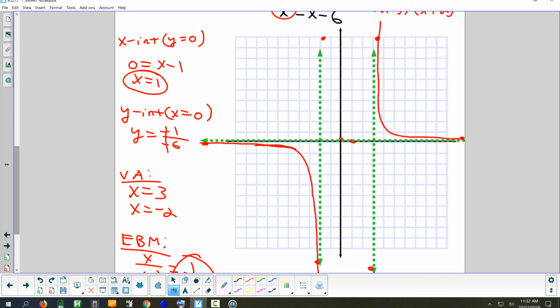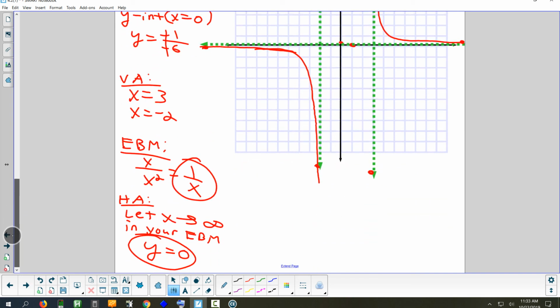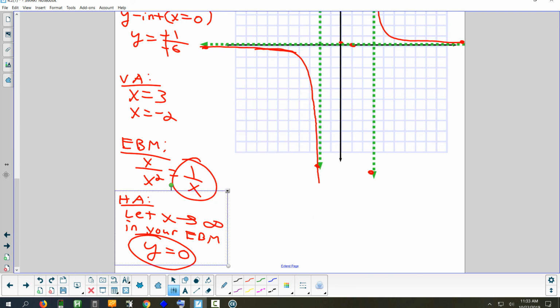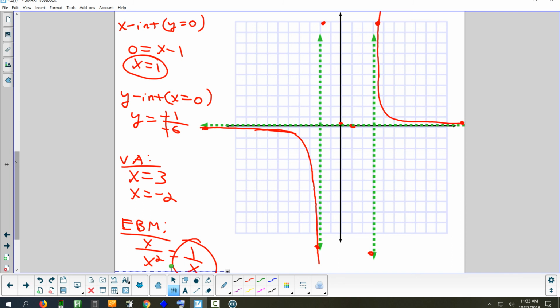Now we just have to figure out what's happening in the middle, but I've got 4 dots, and we're just going to connect them with a curve. Yep. Why is it able to cross the x-axis in the middle but not the ends? Because remember, horizontal asymptote is all about what's happening as x gets huge. So you're looking at what's happening very far away. This horizontal asymptote means absolutely nothing in this spot at all.